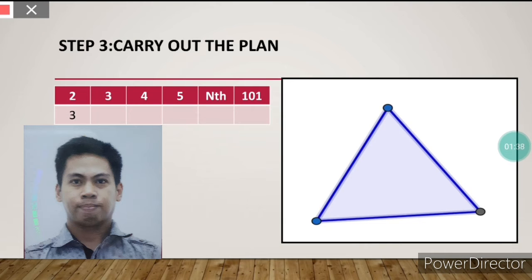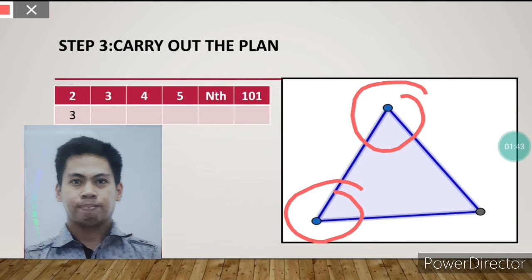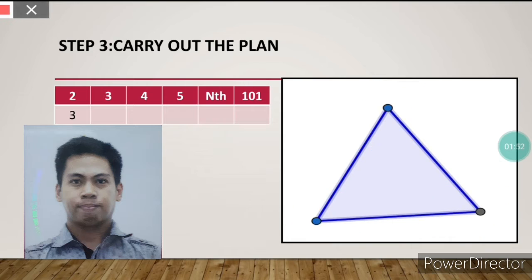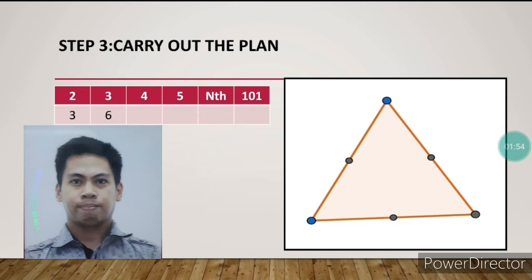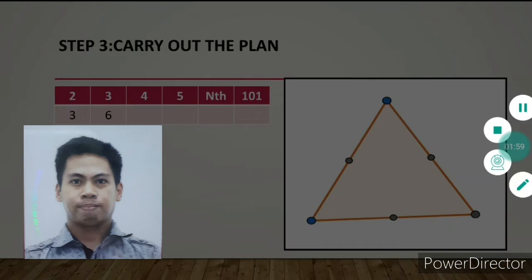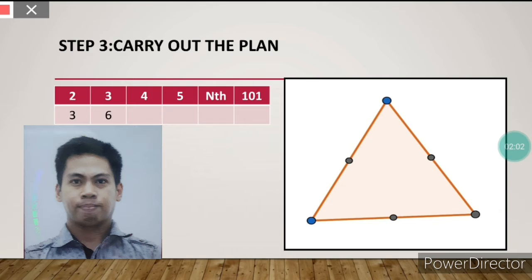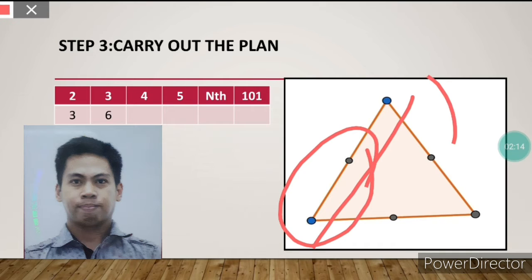If the total number of dots in each side is equal to 2, then the total number of dots in an equilateral triangle is equal to 3. If the number of dots in each side is equal to 3, then the total is equal to 6.